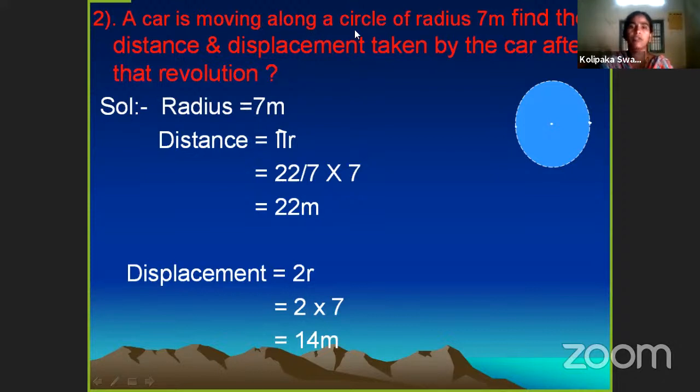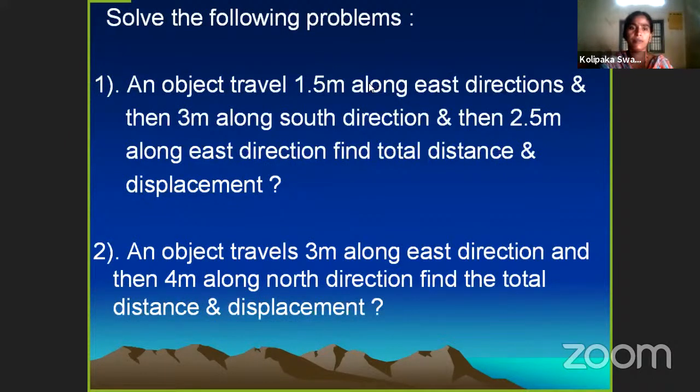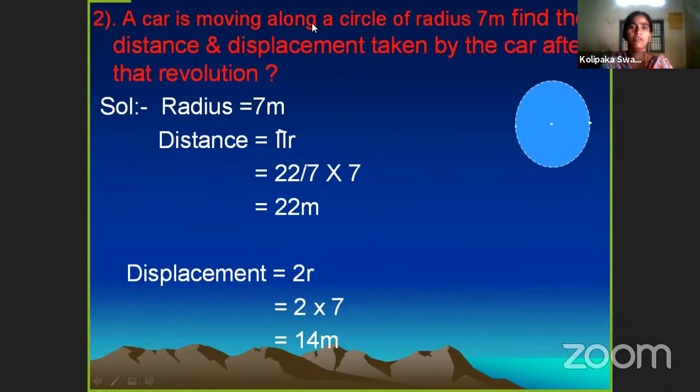Find the distance and displacement taken by the car after half revolution. Radius is R, R equal to 7 meters.